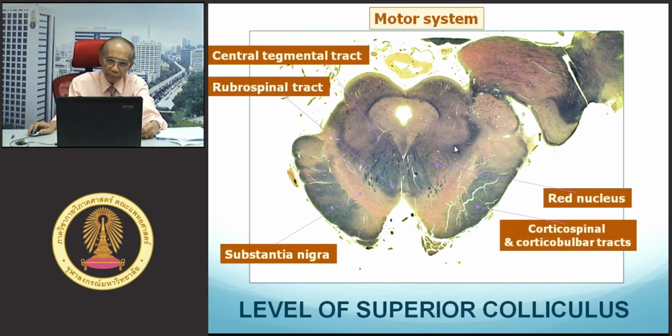The motor system includes the corticospinal and corticobulbar tracts in the middle part of the cerebral peduncle. The extrapyramidal system will include here the red nucleus, the central tegmental tract, rubrospinal tract, and substantia nigra.